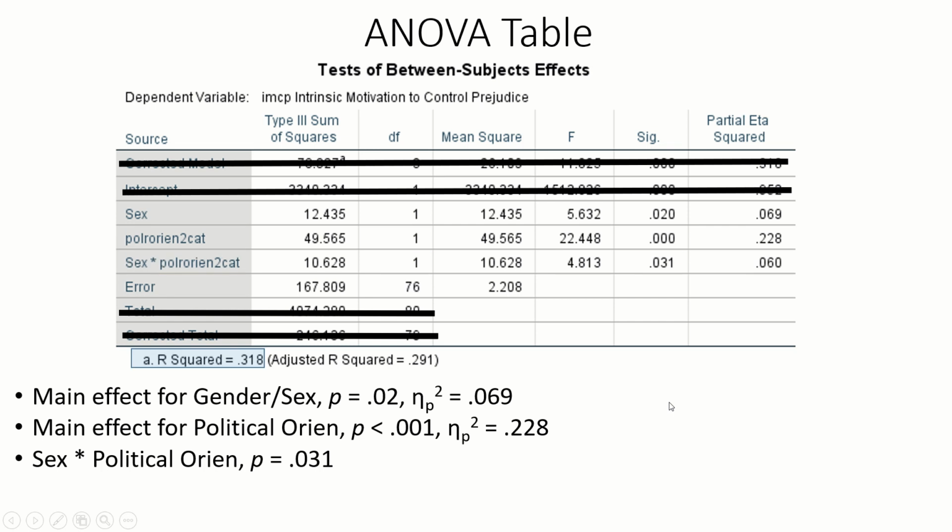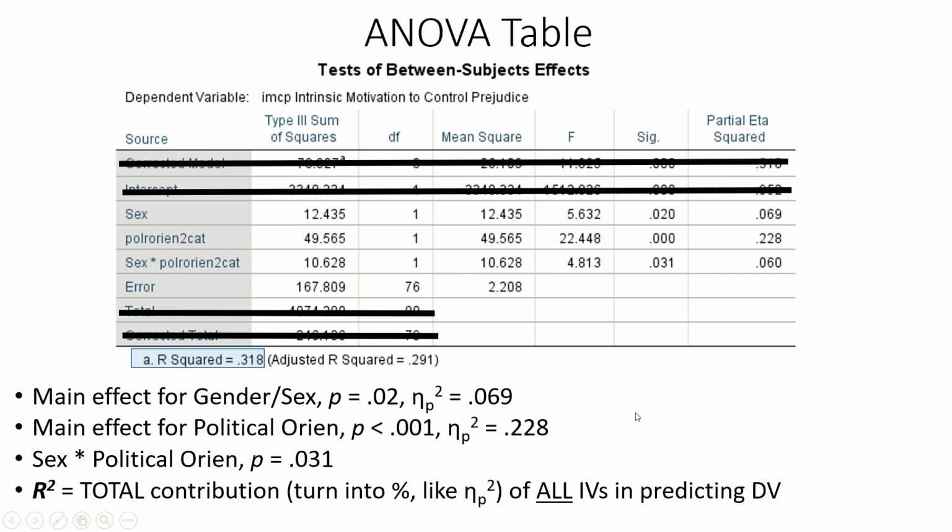Before we move on, I just want to address one more thing in the table here, and that's the R squared value. So you notice a big R squared equals 0.318. And so R squared here represents the total contribution of all independent variables in predicting the DV.